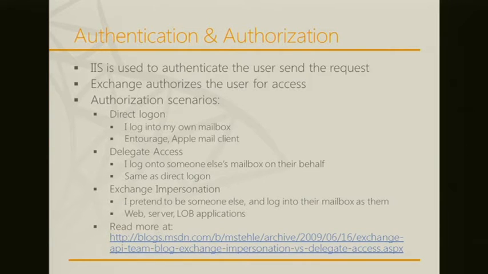So for example, you have an admin account which you want to use to access thousands of user accounts, right? You can use application impersonation for that purpose. Delegate and impersonation have a little bit of difference. For delegates, you have to have a one-on-one relationship, right?